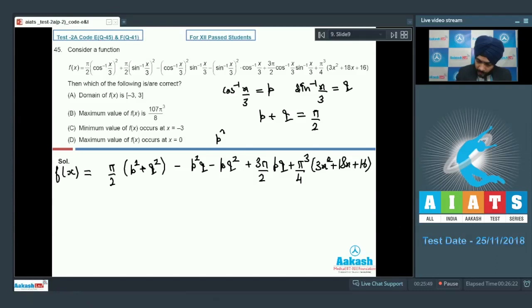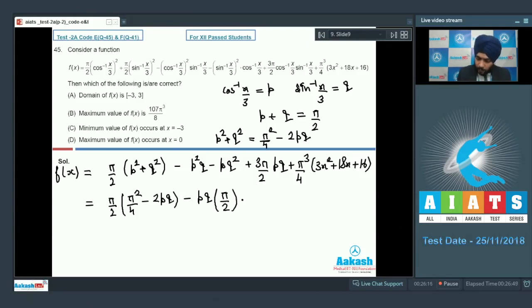So from here p square plus q square is equal to pi square by 4 minus 2pq. So this is pi by 2 into pi square by 4 minus 2pq, minus pq into p plus q, that is pi by 2, plus 3 pi by 2 into pq plus the same pi cube by 4 into 3x square plus 18x plus 16.